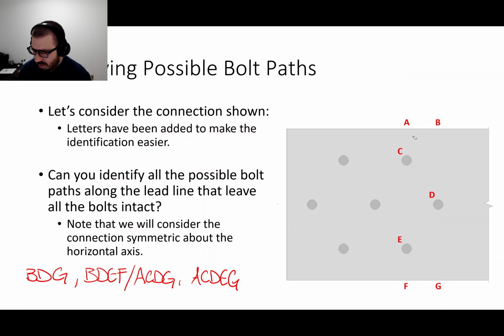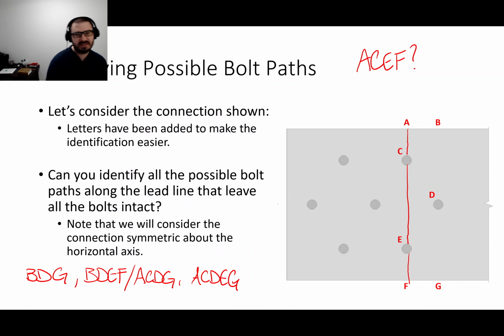So the big question to ask is, what about A, C, E, F? If I were to fracture along here, taking a samurai sword or lightsaber through that line, I would separate the plate in half. Like that, there's no arguing there.